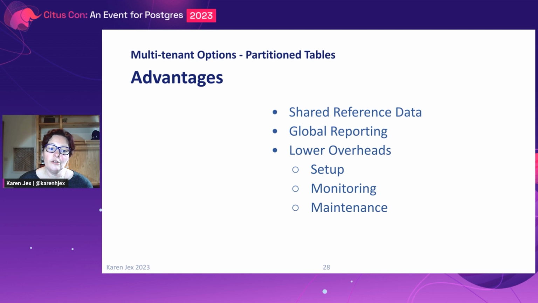And we've got lower overheads than the one VM per tenant because we've just got a single server to manage with a single Postgres cluster. We just need to add a partition to each of those partition tables if we create a new franchise. So things like monitoring, maintenance are reduced because we just have to do everything once for everybody.